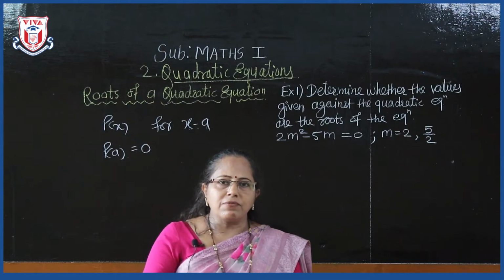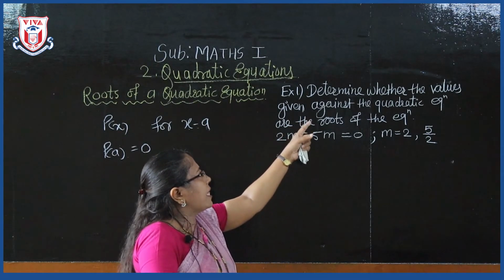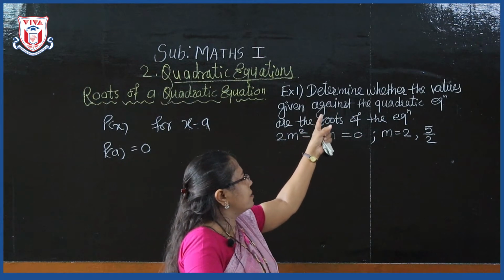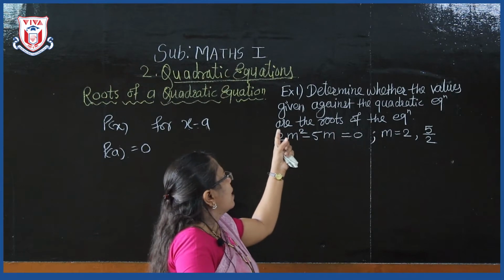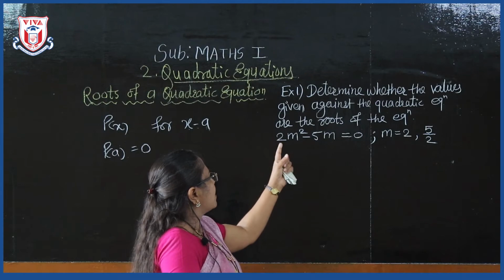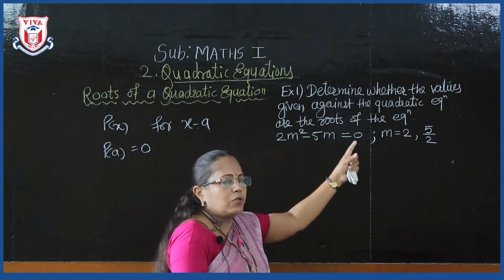Understood? So we will solve an example related to that. Here the question is, determine whether the values given against the quadratic equation are the roots of the equation. The equation given is 2m square minus 5m equal to 0.